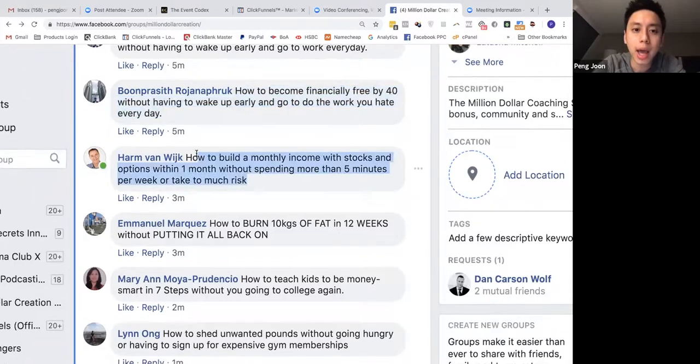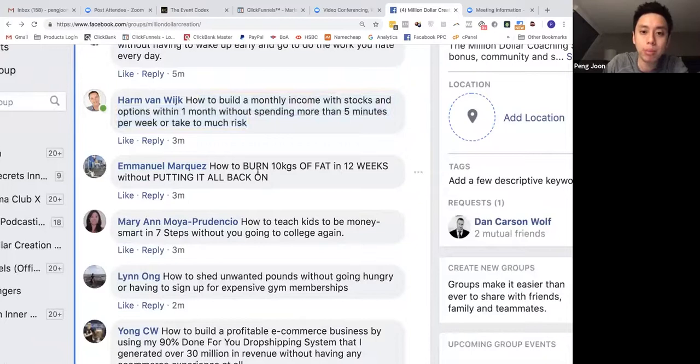Okay, Harm says how to build a monthly income with stocks and options within a month without spending more than 5 minutes per week or taking too much risk. Okay, great. How to burn 10 kgs of fat in 12 weeks without putting it back on. Okay, so the only issue I have with this is that when you try to scale this into Facebook ads, Facebook hates this.